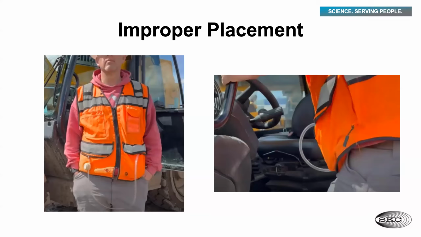That hose caught right on his gear shift indicator and pulled it right off of his chest. And so, like I said before, just take the couple extra minutes, whether you have to tape it to the individual, run it under their vest, put it in a different spot on their body. Just take the time to make sure that it's going to be a successful sample for you and a very pleasant opportunity for them.